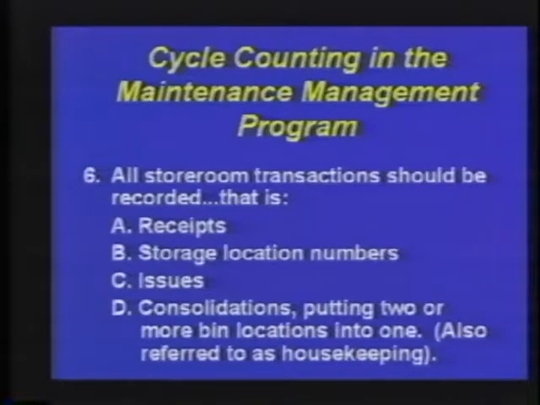Well, since we're instituting a cycle count program, we want to make certain that the first 4 transactions are done properly. So when you're going to institute cycle counting, we should institute the ability to count items, identify the items, and make certain that the storage locations are recorded properly, the issues are all recorded, and the consolidations are likewise recorded.